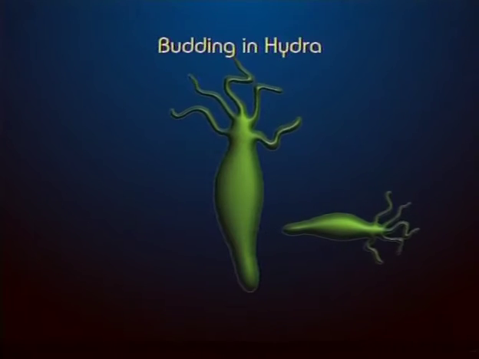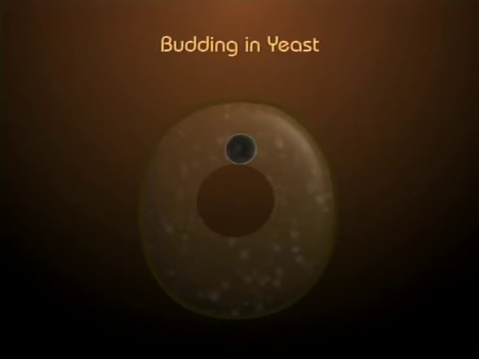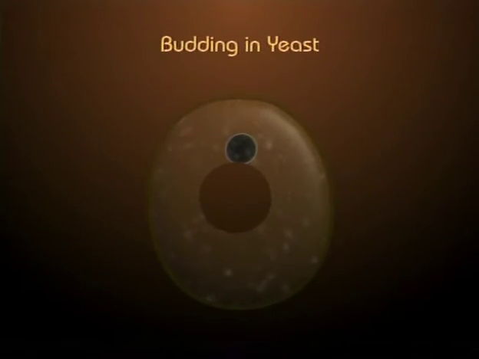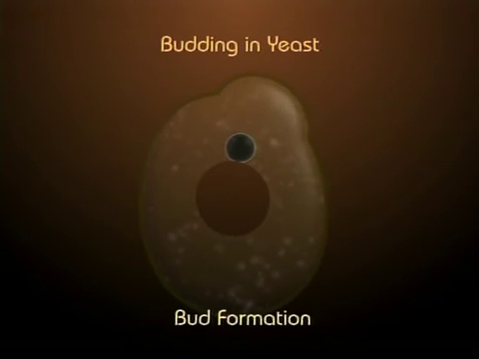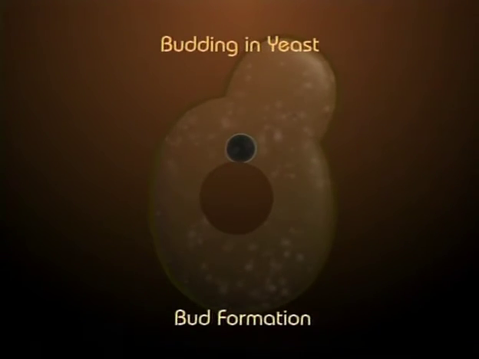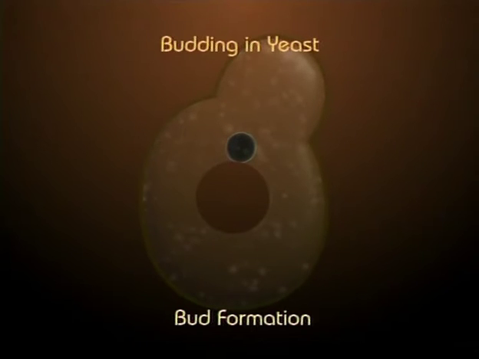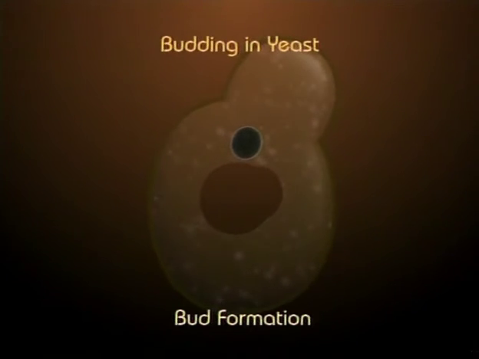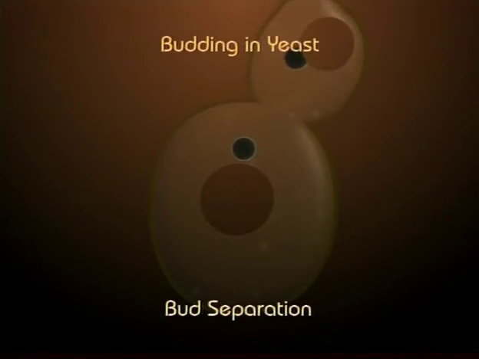In case of yeast, a small projection develops on the outside wall of the parent. The parent nucleus divides into two parts. One part of the nucleus migrates into the bud, and this forms a tiny new yeast cell, which separates from the parent cell.